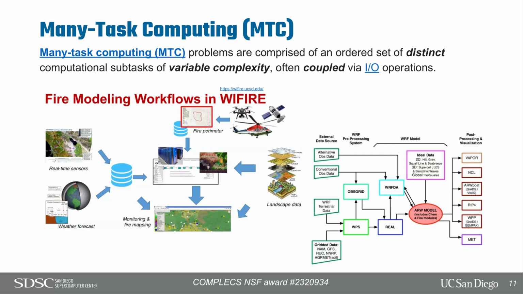But the data coming from different sensors and how it gets integrated into weather forecasts and the geospatial data analysis, all that has to get integrated at some point to run these fire simulations and predict where the fire might move next over the next day.